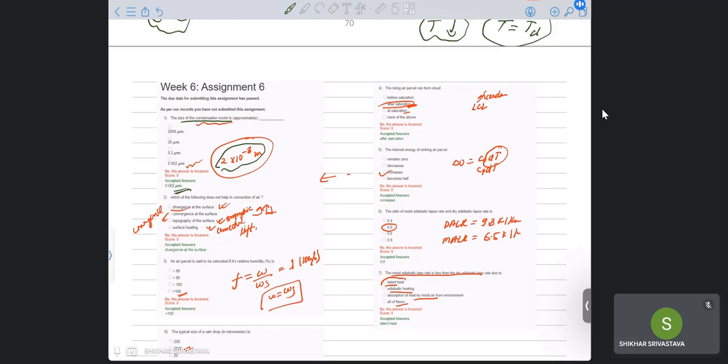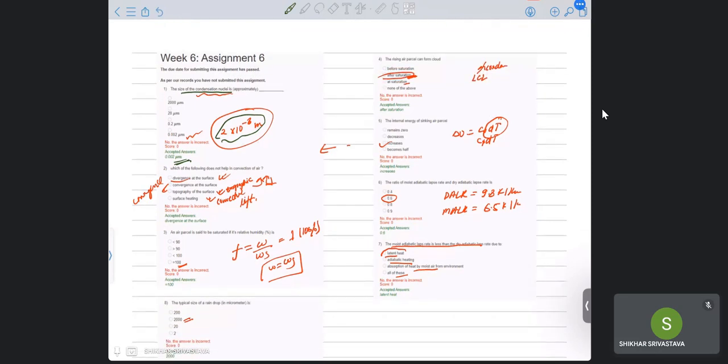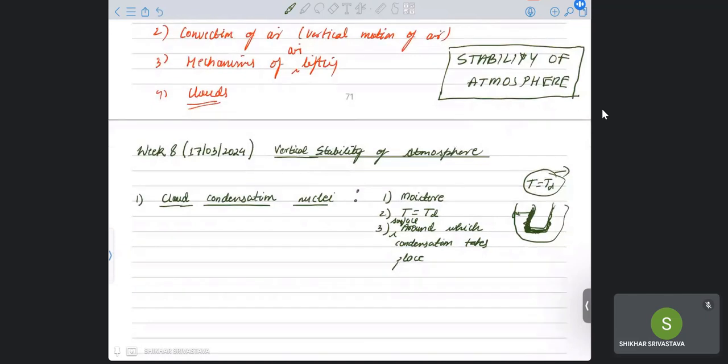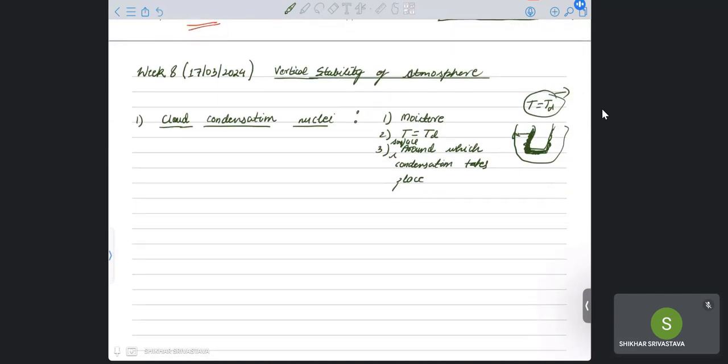These are very small spherical particles in our atmosphere, which some people also call aerosols. These are the surfaces around which the water vapor condenses to form cloud, and they are very necessary for the process of cloud formation.